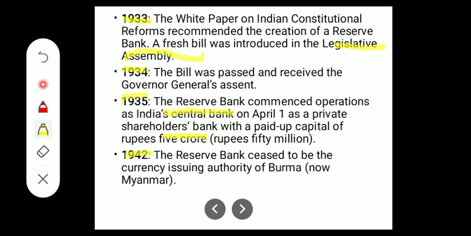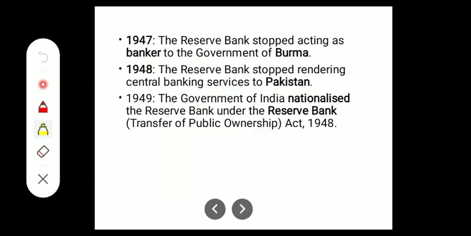Then in 1942, the Reserve Bank ceased to be the currency issuing authority of Burma, meaning it stopped printing currency for Burma. Now it is Myanmar. In 1947, as India got independence, the Reserve Bank also stopped acting as banker to the government of Burma.